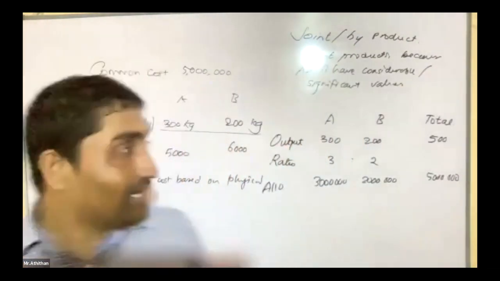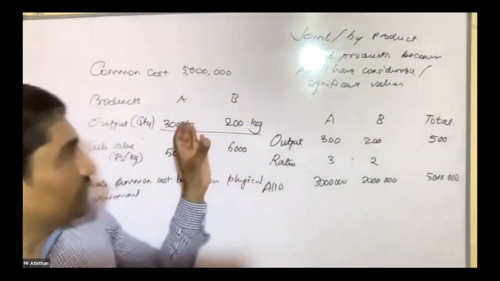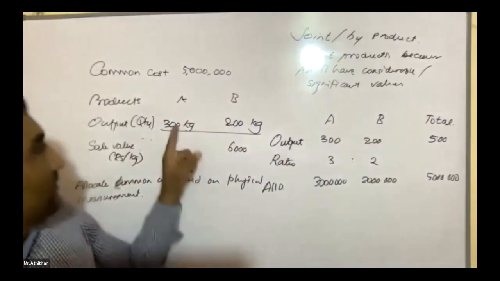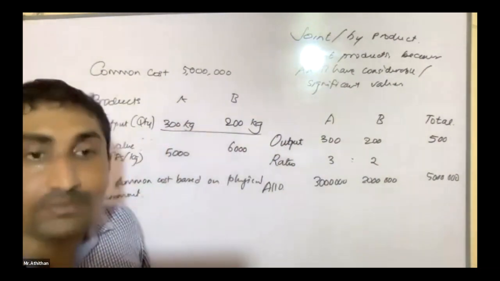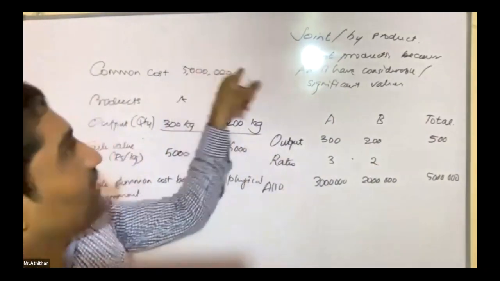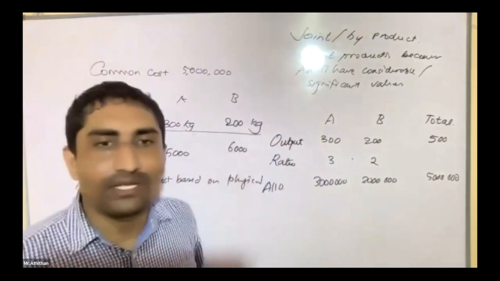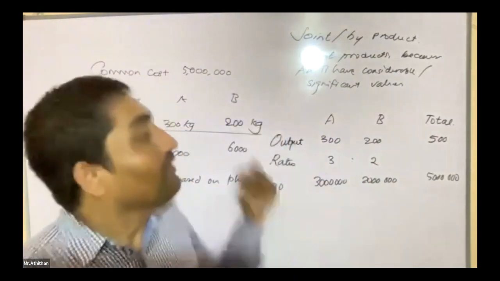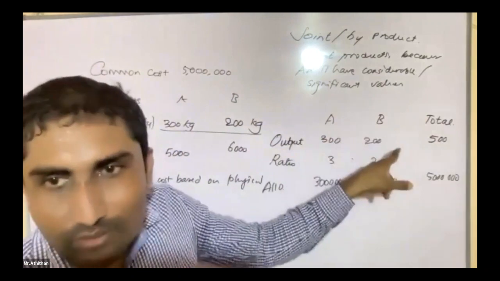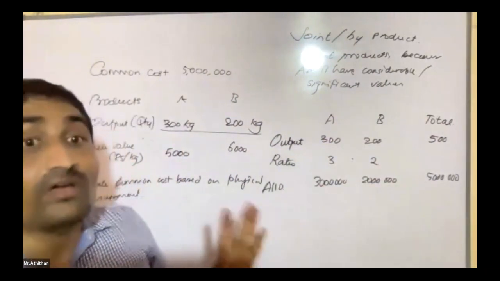So we have to get the ratio of the physical quantity. 300 kilograms plus 200 kilograms, 500 kilograms. If that is 500 kilograms for 5 million, so for 1 kilogram, how much? 5 million divided by 500, then multiply by 300, multiply by 200. Total is allocated. That's it. Right? So this is called physical measurement.